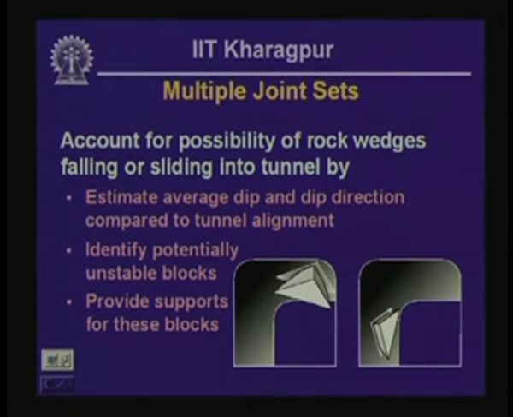You might actually have rock wedges falling from the roof of the tunnel, or there could be wedges falling into the tunnel by sliding from the sides of the tunnel, from the side wall of the tunnel, and those two problems are illustrated with the two sketches near the bottom right of this particular slide.